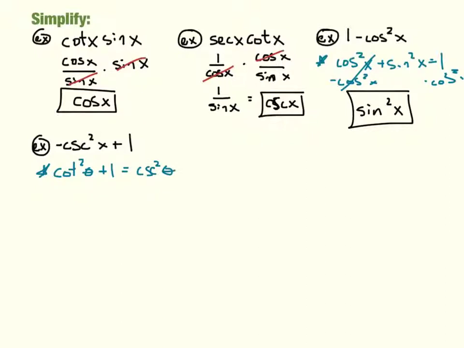Okay, now, if this 1 is still positive and this negative cosecant squared, that means that this negative cosecant squared moved over here. And if there's nothing else there, just negative cosecant squared and 1, this cotangent squared must have changed sides. So negative cosecant squared x plus 1 is the same thing as negative cotangent squared x. Because the expression was given to us in terms of x, I can use my identity in terms of theta, but my answer needs to be in terms of x.